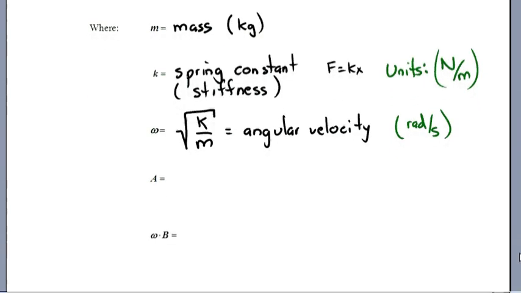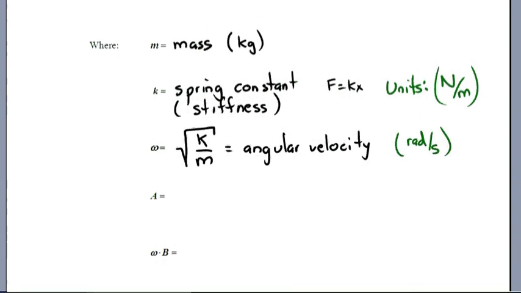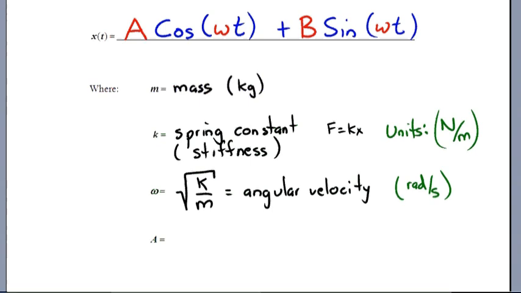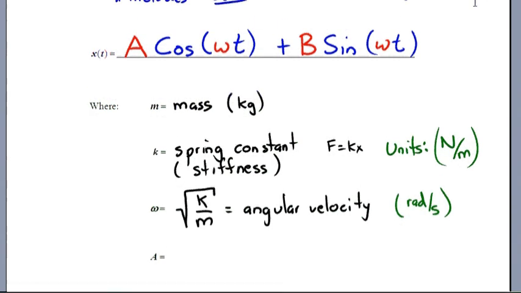Capital A. Let's see if we can figure out how you would know what capital A is if you're going to try to use this equation up there at the top of the page to describe the motion. Well, let's actually go and look at the top of that page for a second, look at that equation. What would happen if you were to try out a value of t equals 0? Let's just think about that for a minute, like time of day equals 0.